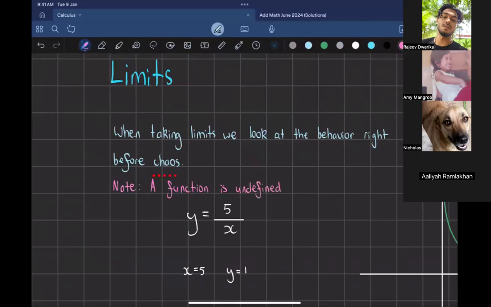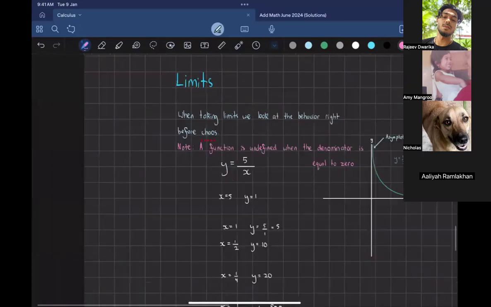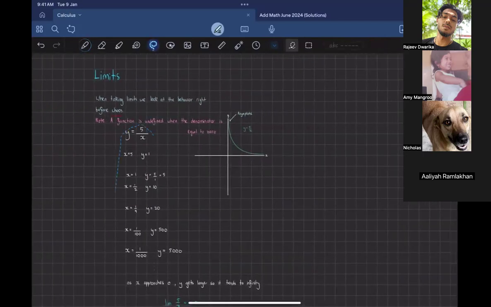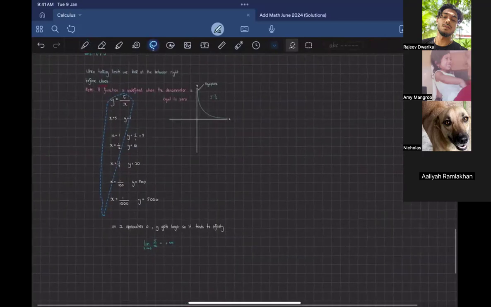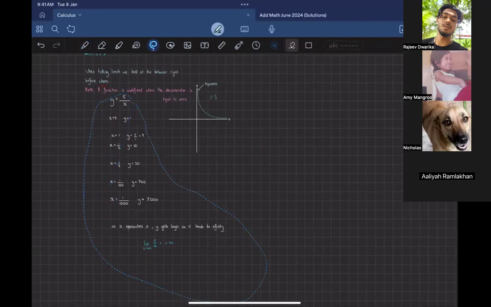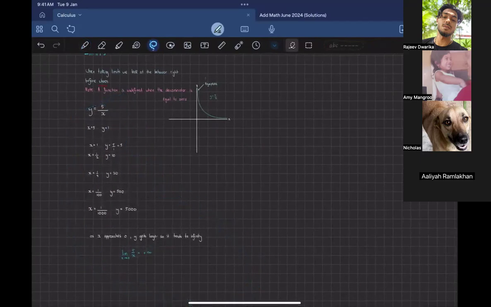It's undefined when the denominator is equal to 0. So yeah, this is stuff that's fairly easy to understand. You'll understand it in no time. Don't worry.